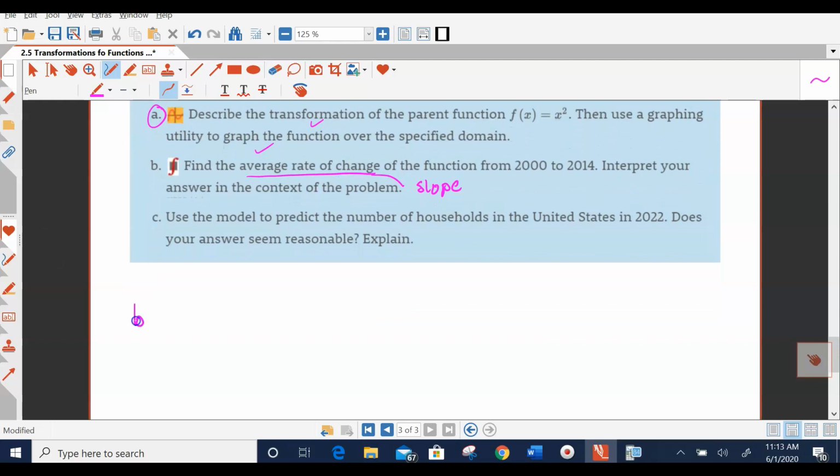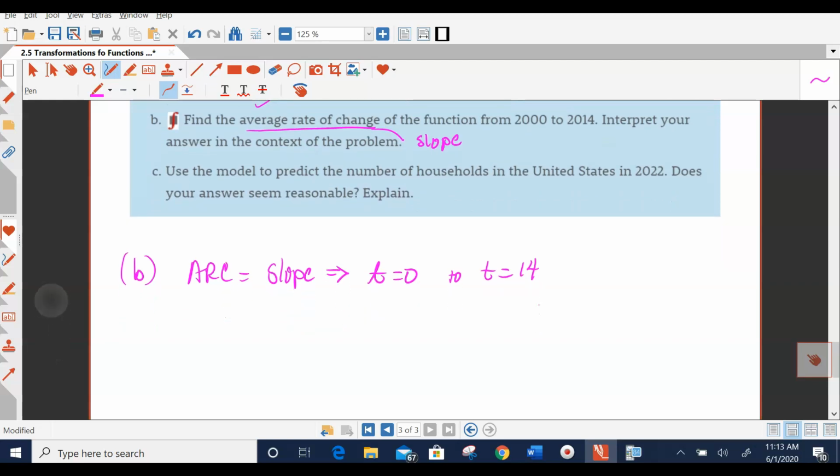So for part B, I want to find the average rate of change, which is the same thing as slope. And I'm going from 2000 to 2014. So when t is equal to 0 to t equal 14. You know how to find a slope. All we need are two ordered pairs. So I want to find the ordered pair that has a 0 in the first position and the ordered pair that has a 14 in the first position.